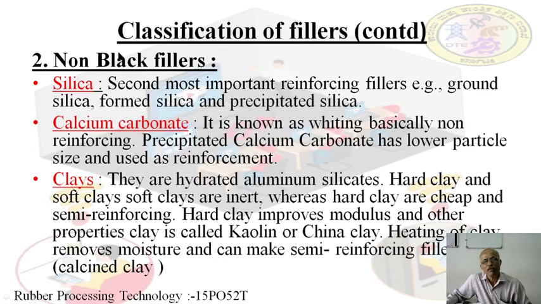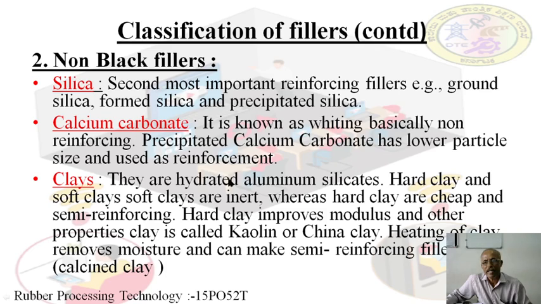Next, non-black fillers. So here the first example is silica. Second most important reinforcing fillers, examples are ground silica, fumed silica, and precipitated silica. Next, calcium carbonate. It is known as whiting, basically non-reinforcing; precipitated calcium carbonate has lower particle size and is used as a reinforcement. Next comes clays.